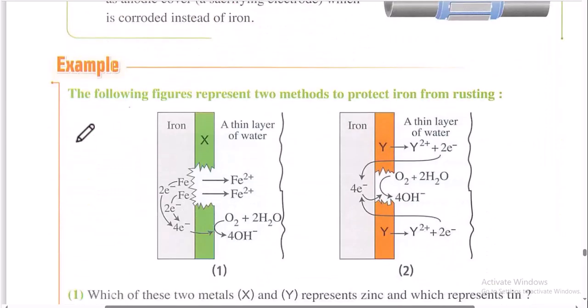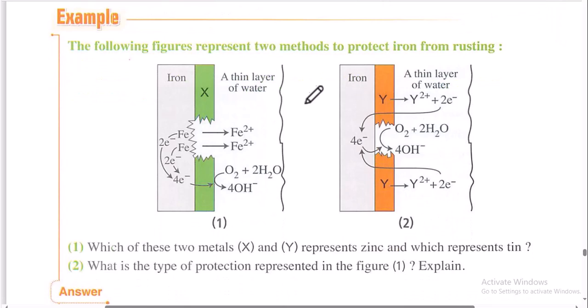Look at this example. The following figures represent two methods of protecting iron from rusting. One of them is cathodic protection and the other is anodic protection. Which of these two metals, X or Y, represents zinc and which represents tin?